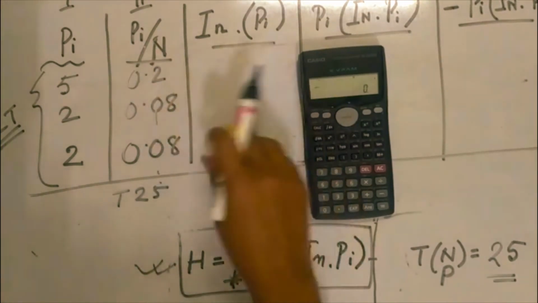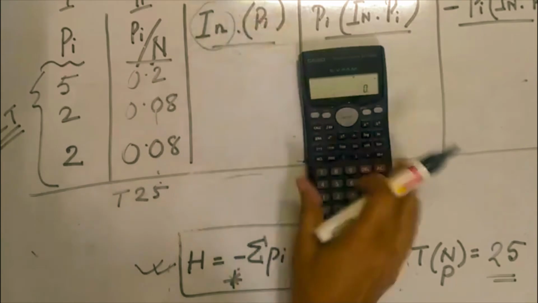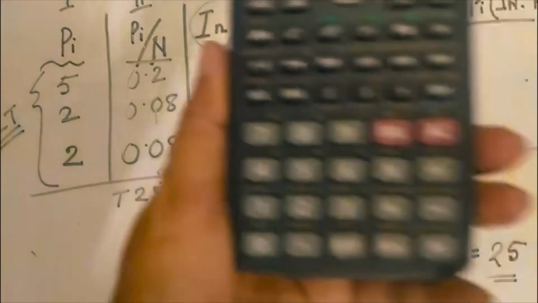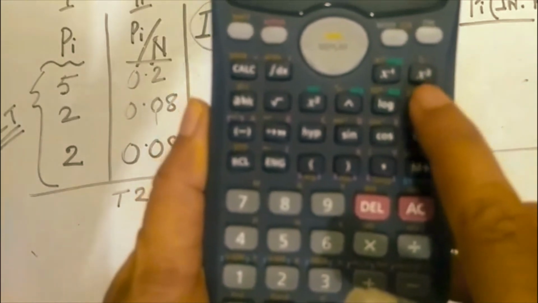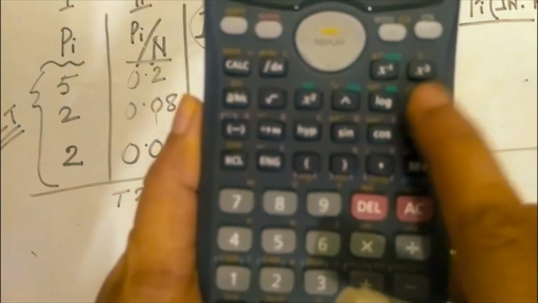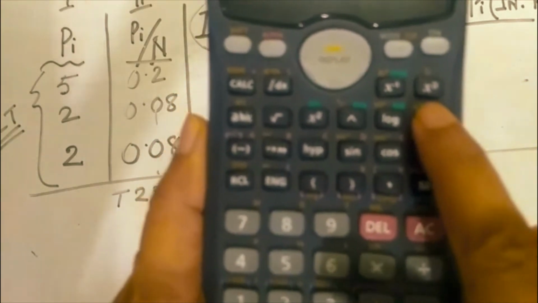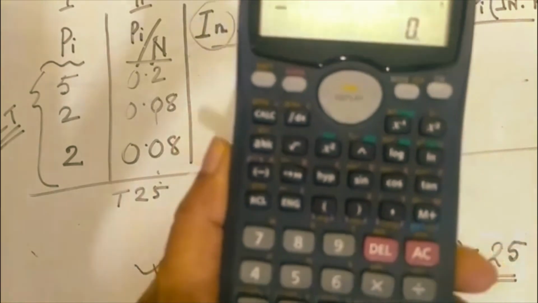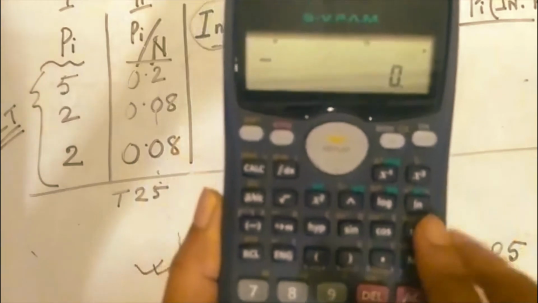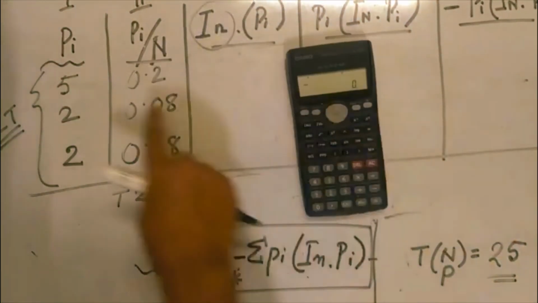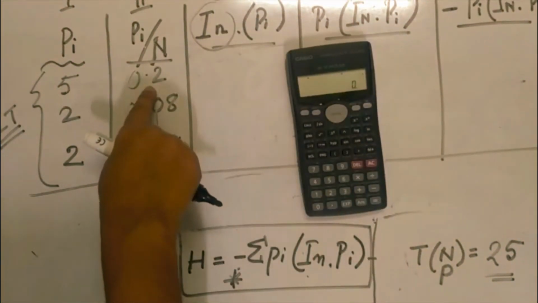Then we have to identify the ln through the calculator. In each scientific calculator there is a button, ln, and by pressing this button you can easily calculate this column, natural log into Pi. This is the Pi value 0.2.